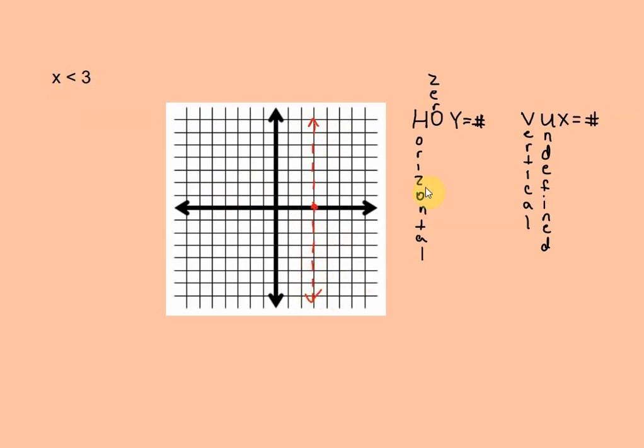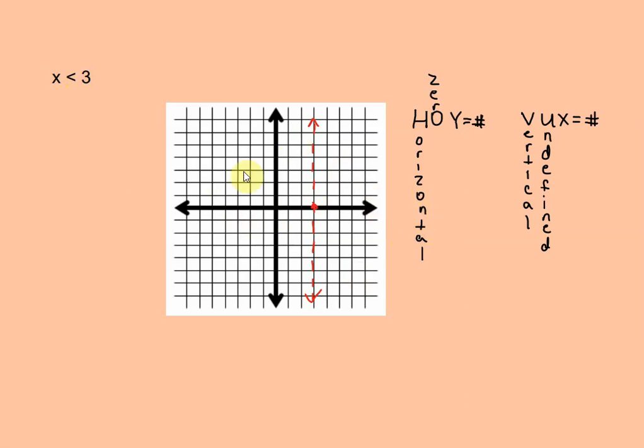And now we need to shade one side of the line. Well, we definitely don't have an under or over or below or above when we have a vertical line. So just think of it this way. This says x is less than 3. X is all of the numbers, so this is saying all of the numbers less than 3. If we look at our number line, our x-axis is our number line.